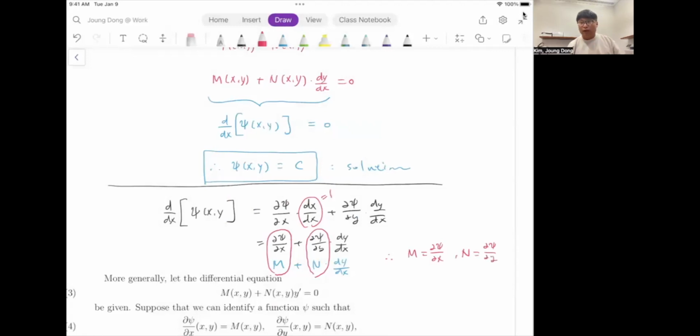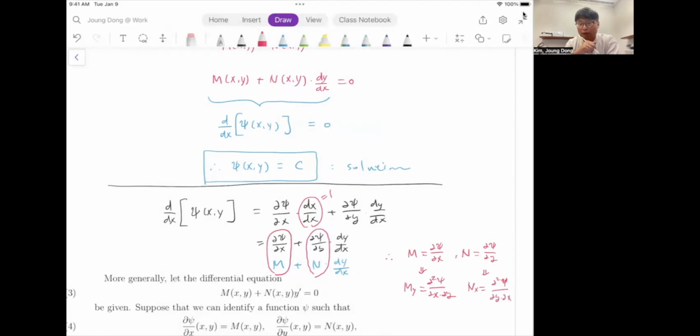One more thing. Let me take the derivative of your M one more time with respect to y. Then we can say M_y is equal to d squared psi over dx dy. Let me take the derivative of the second one with respect to x. Then we can say N_x is equal to d squared psi over dy dx. Let me check your Calculus 3 one more time.